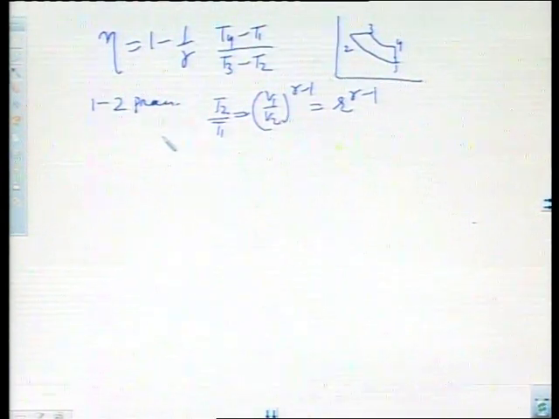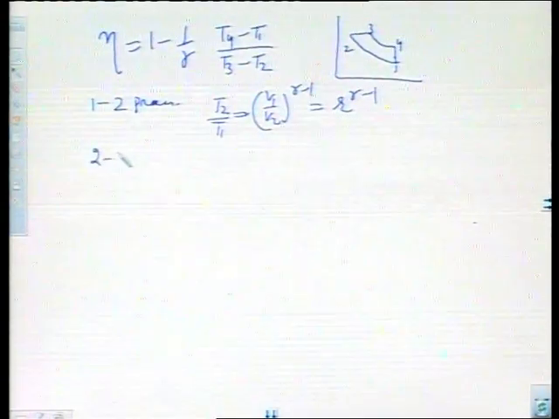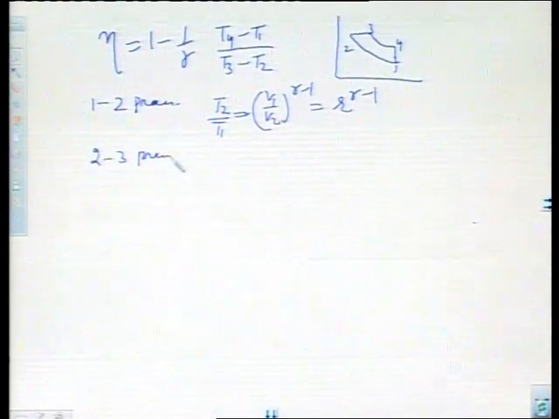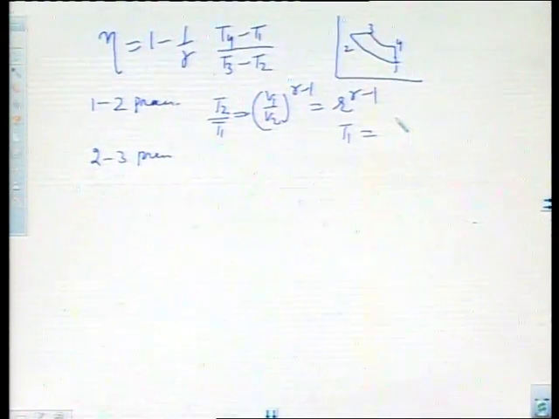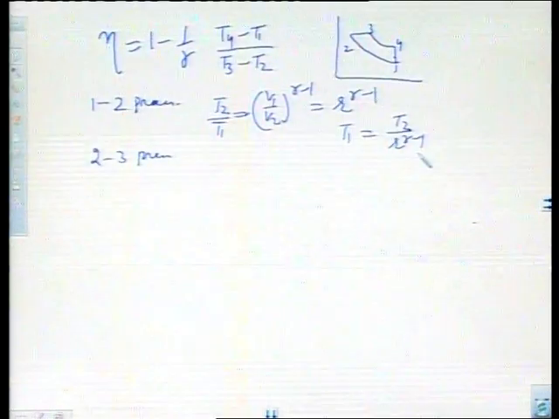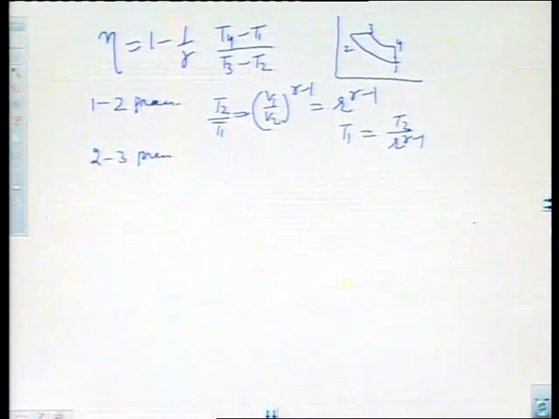Now, this is our first relation: T1 is T2 divided by R^(gamma minus 1). Then take the 2-3 process, which is a constant pressure process.